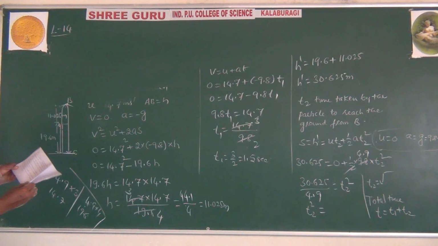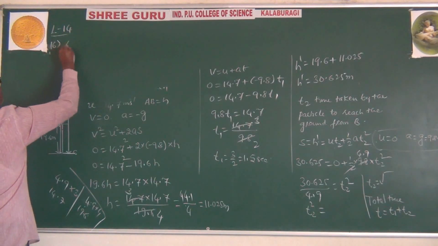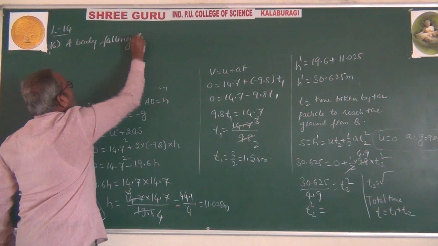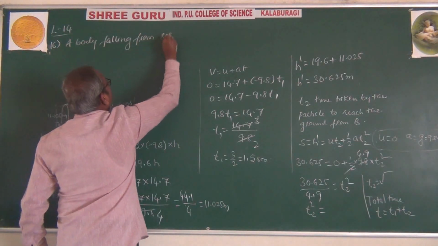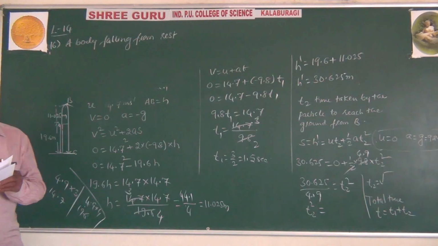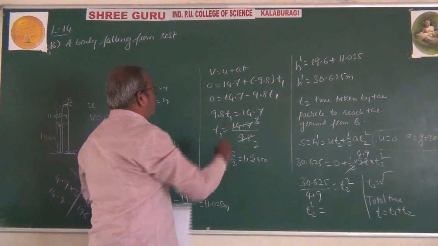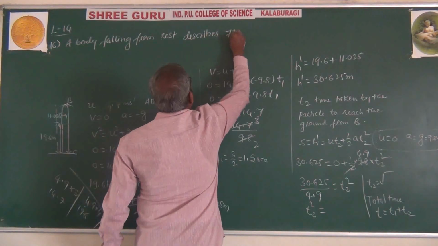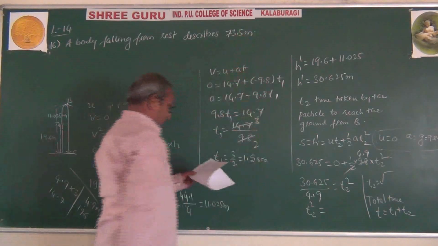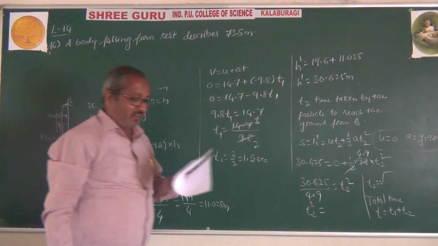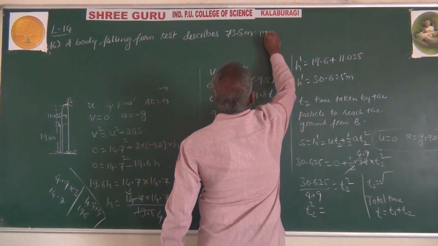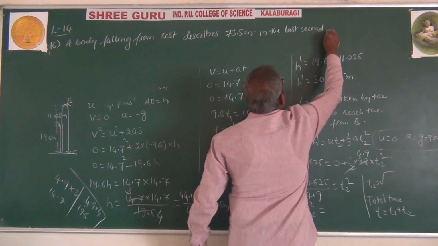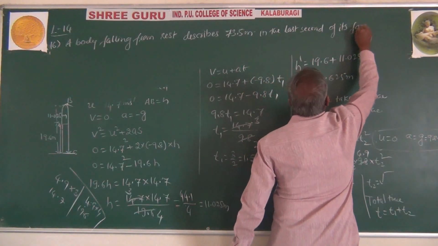A body falling from rest describes 73.5 meters in the last second of its fall.